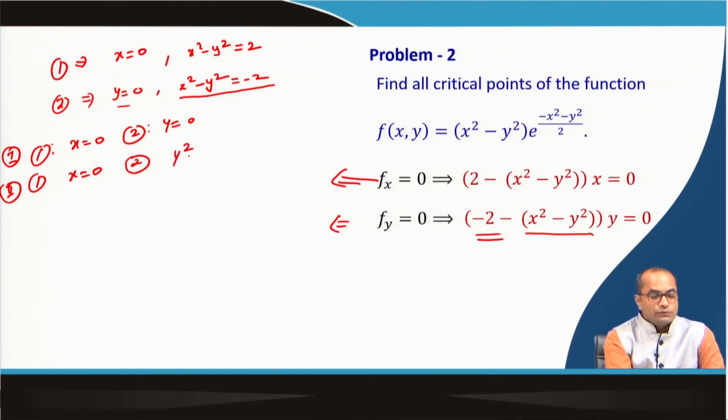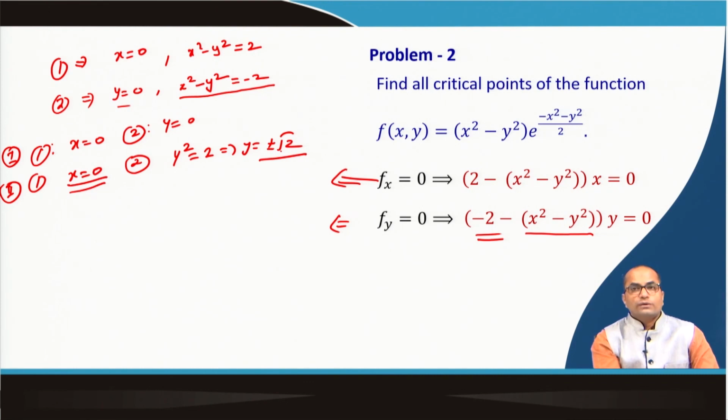So, we get y square equal to 2, that means y is equal to plus minus root 2. So, these are also the points, x equal to 0 and y plus square root 2 or minus square root 2, one can take.